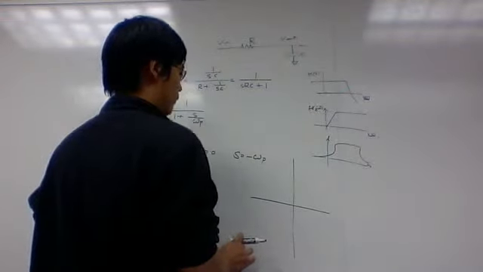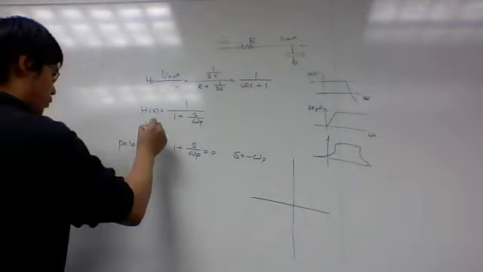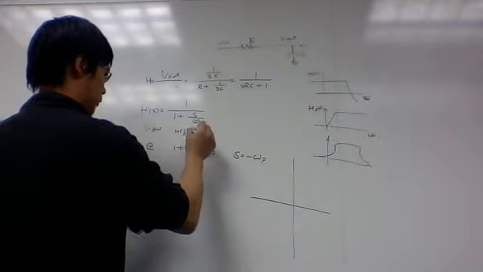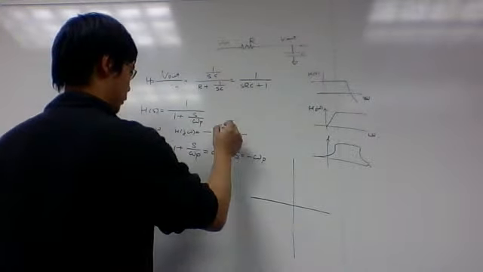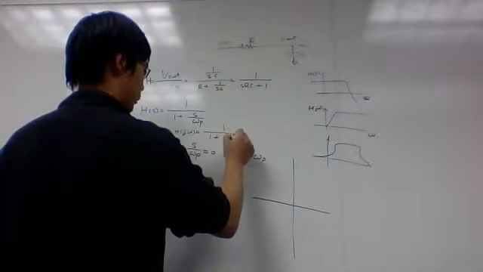If you have H of S, then you can replace S with j omega to get the H of j omega notation, right? So it's 1 over 1 plus j omega divided by omega P.